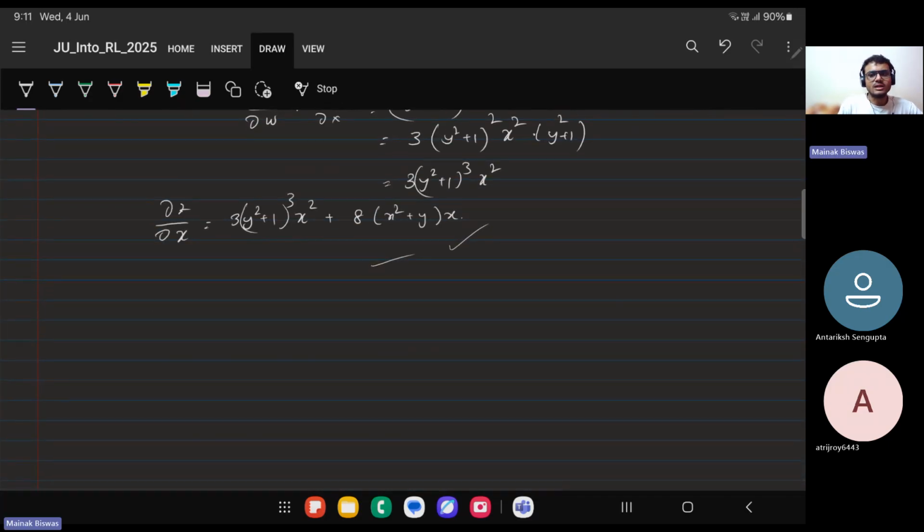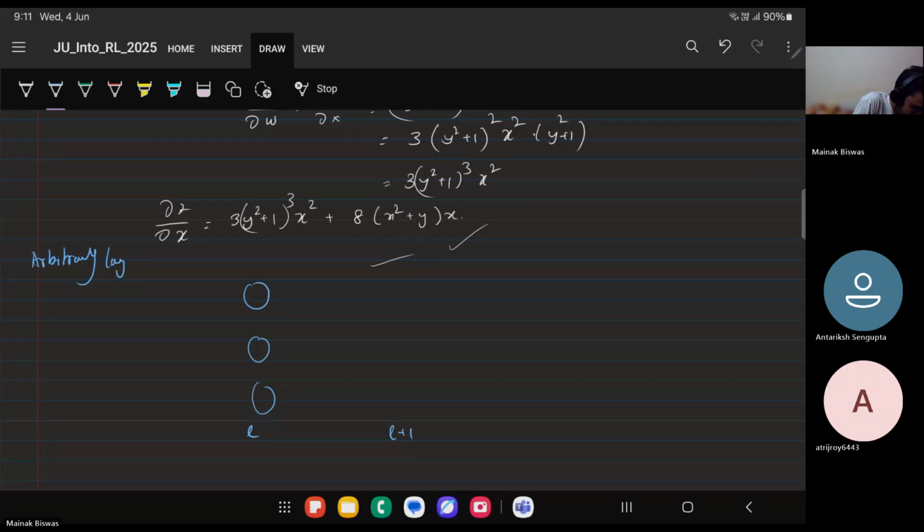So now let us try and find the gradient for an arbitrary layer in between. Okay, so this is layer L and this is L plus 1. Arbitrary layer in MLP. So once you understand this, the backpropagation algorithm is very, very easy. All we are doing is calculating the gradients.